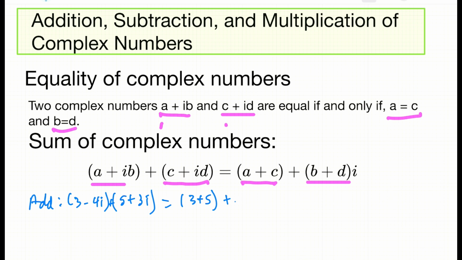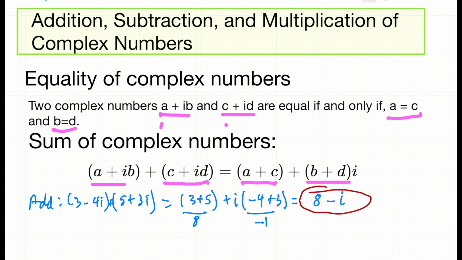We add that to, put the i out front, we add the constants in front of the i, which is going to be minus 4 plus 3. Now, completing that, this is going to be equal to 8. This is equal to -1. So we're going to get 8 minus i as the summation of those two complex numbers.